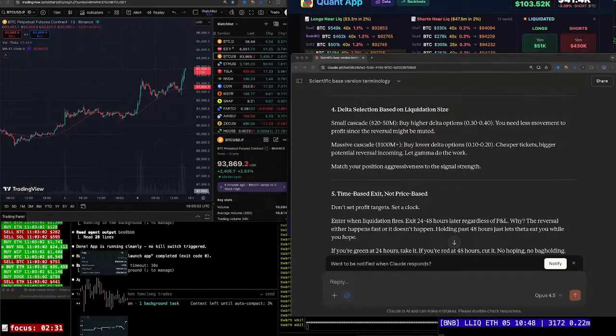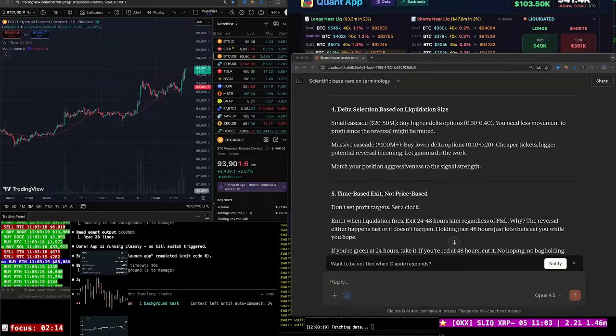All right, so here we're gonna add this and say, upon liquidations, buy the higher delta options. So scan for those. Scan the delta on COIN and MSTR.